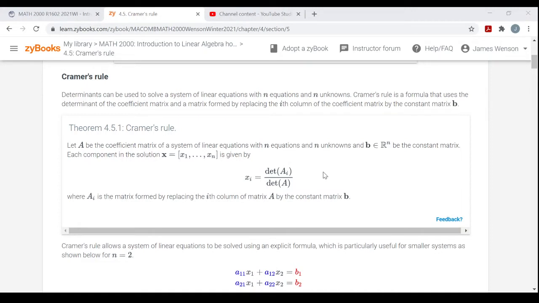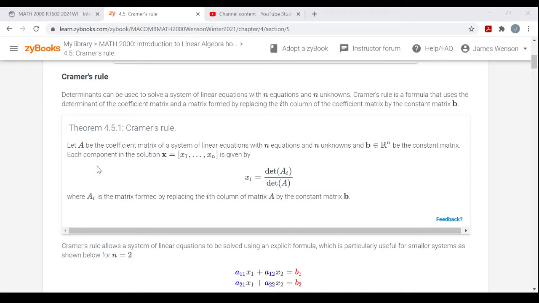Now, you've already seen how to solve systems of equations with row operations, using Gaussian elimination with back substitution or Gauss-Jordan elimination. You've seen how to solve systems already. This is just another method to solve a very particular kind of system, a square system with an invertible coefficient matrix.